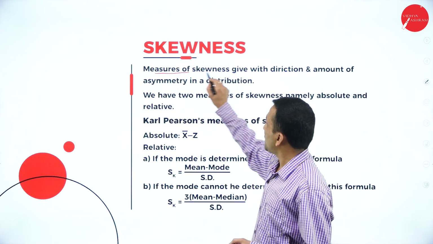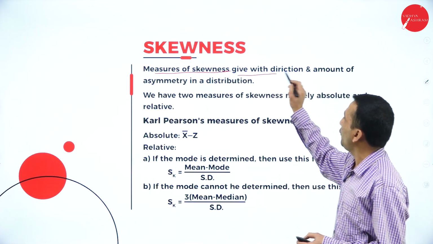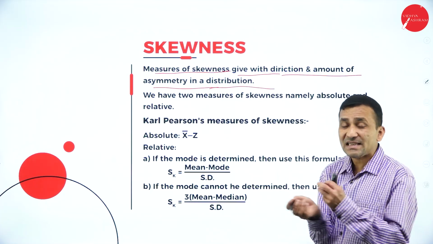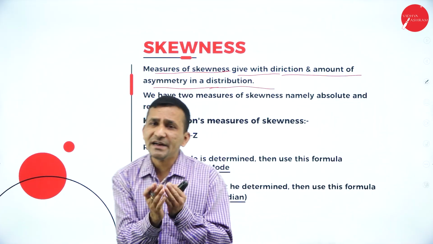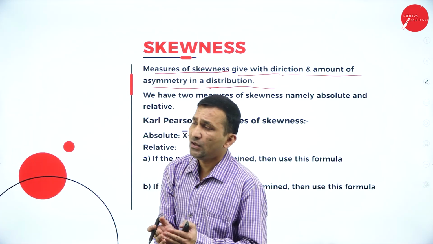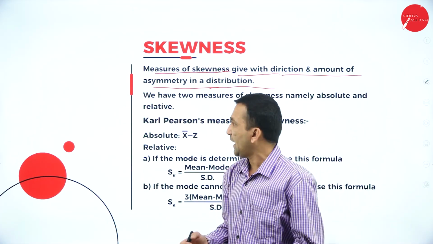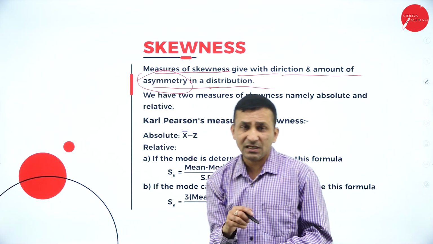So the measure of skewness gives the direction and amount of asymmetry in a distribution. Asymmetric means the left and right sides are not equal; either it is going in the right direction or in the left direction.